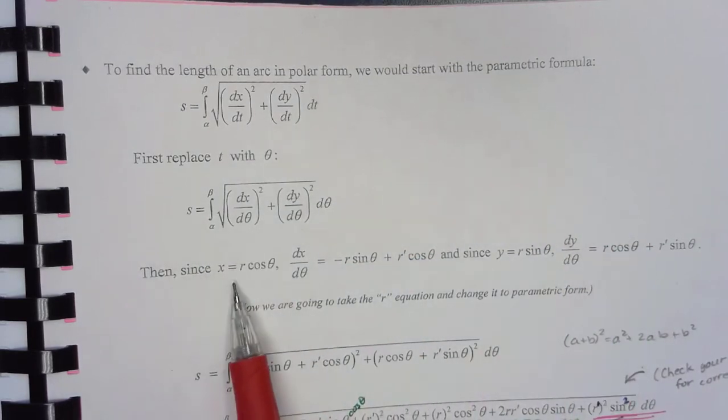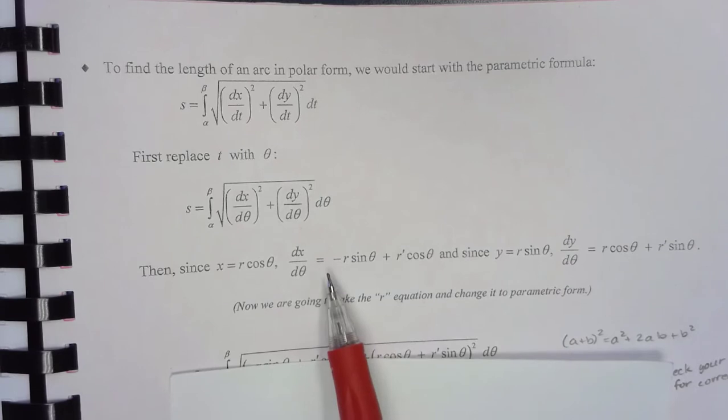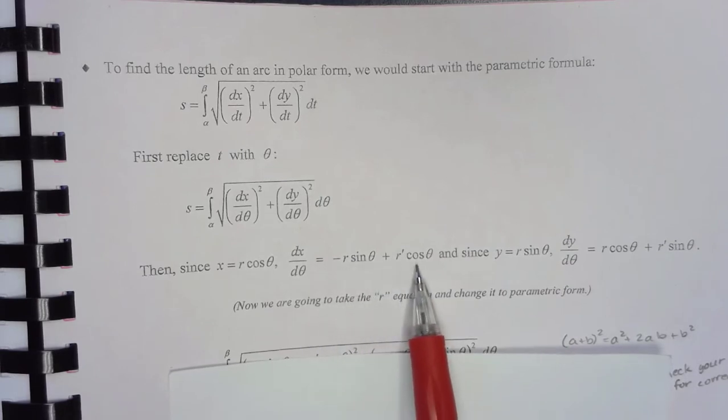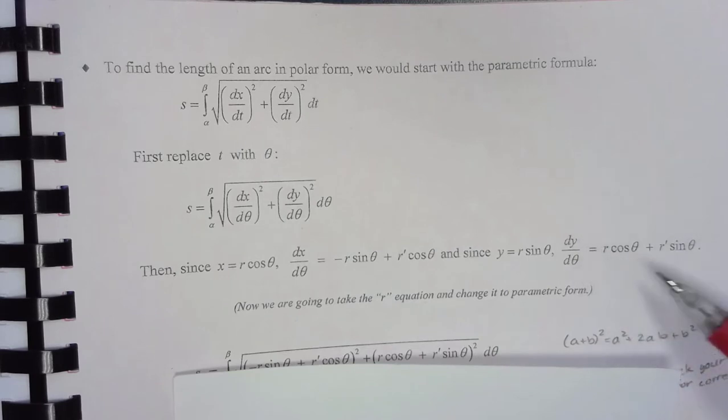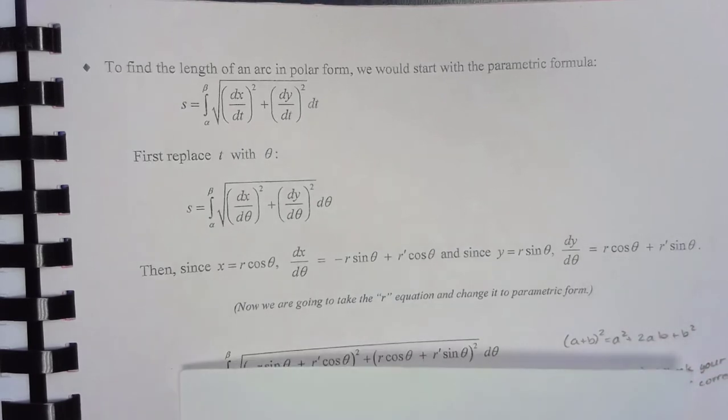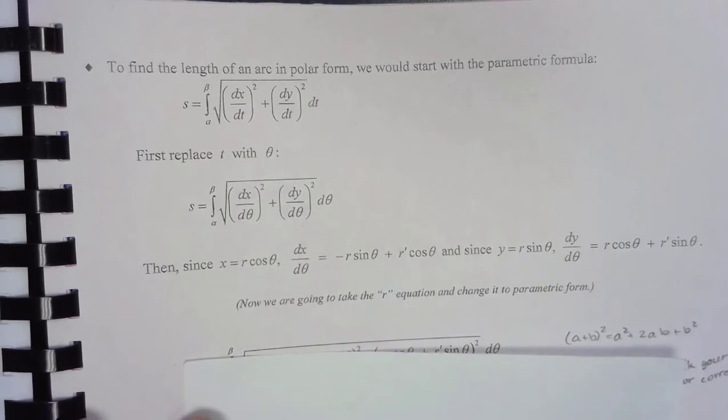Now, we know that x is r cosine theta. So we know dx d theta is once again negative r sine theta plus r prime cosine theta. And since y is r sine theta, we know dy d theta is r cosine theta plus r prime sine theta. Now, let's look at this formula.